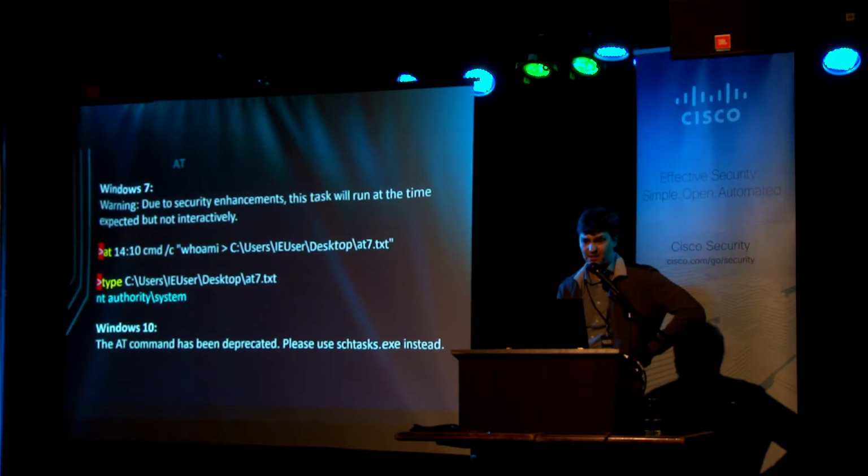Well, it still kind of works: if you add a special /c parameter to the command line, in my sample I ask the at command to schedule a task, run my command, and redirect the output to a text file. When the task is completed, I read this file, and I was able to see that it was actually created by system. So it still works, but in Windows 10, this command is deprecated and you cannot use it.